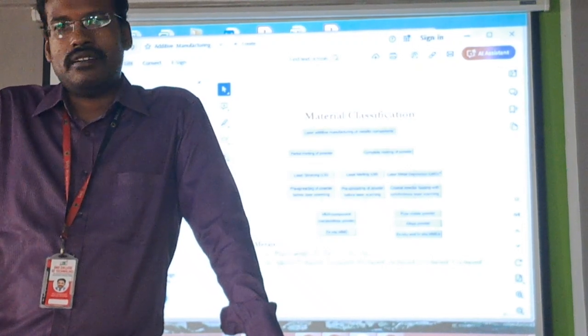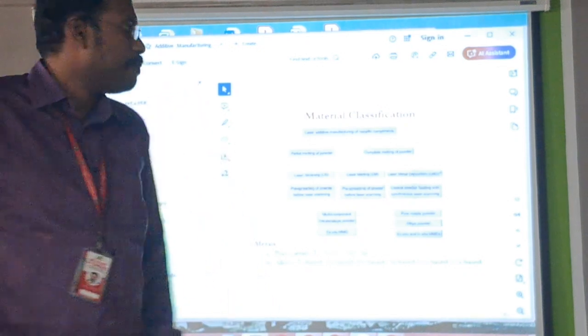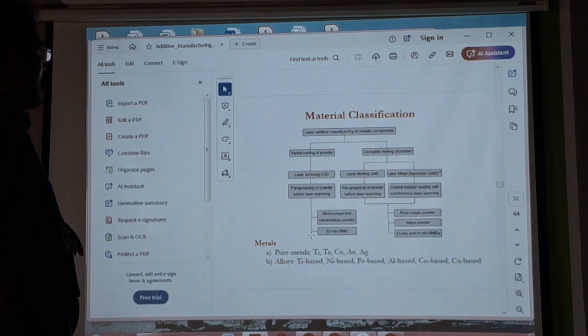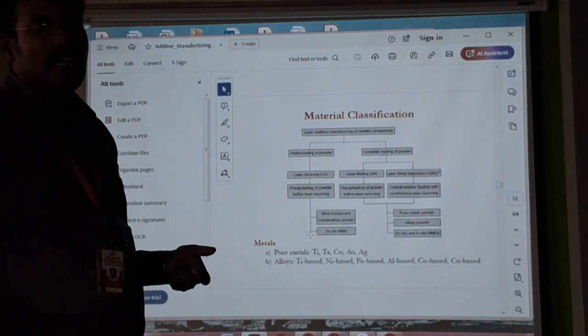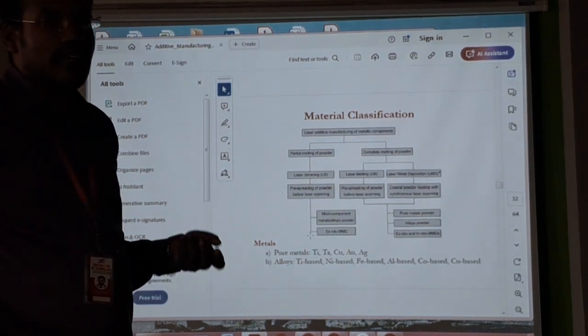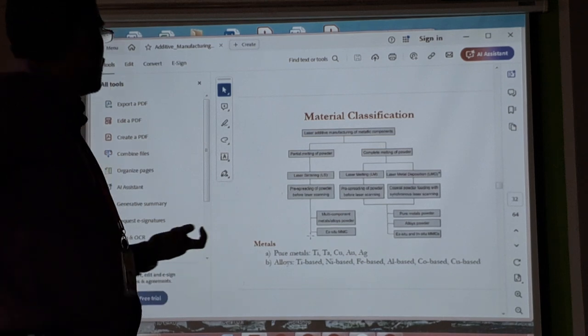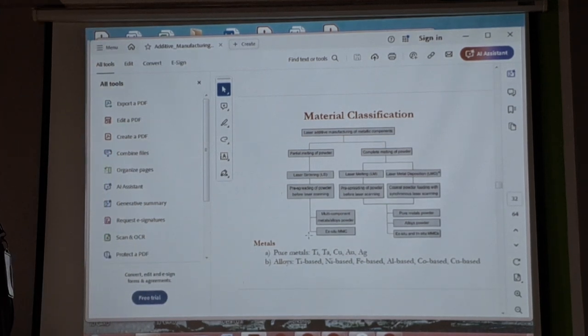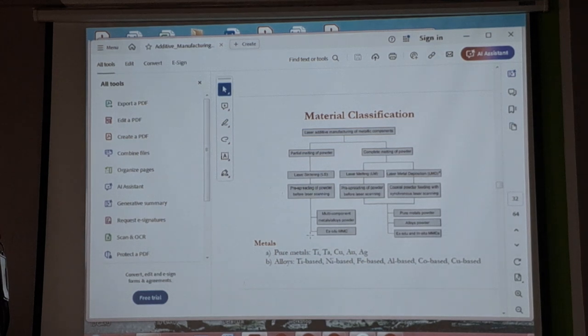What is the viscosity? What is the thermal expansion? What is the melting point of the material? What is the threshold limit of the corresponding material? You should be thorough with all of these things. Then only you will select the proper material for the proper application.